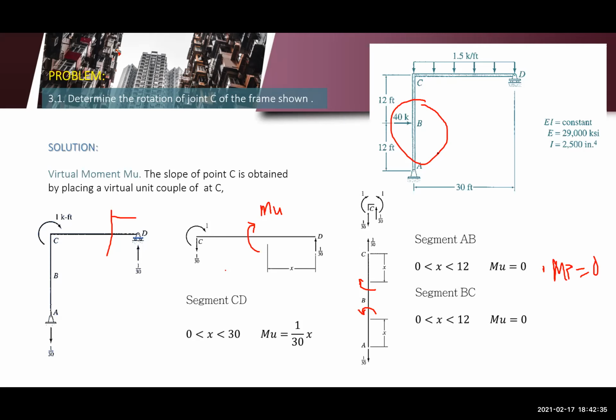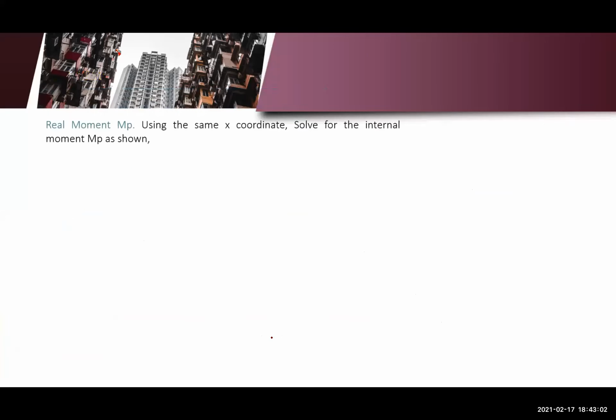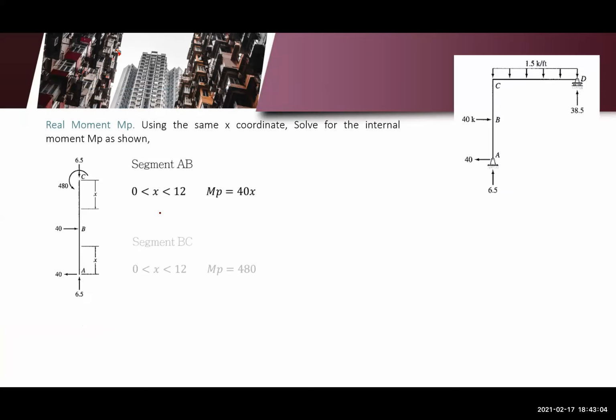Kapag nagsosolve kayo ng problems, in case, for example, yung MU nyo o yung MP is 0, wag nyo nang i-compute yung counterpart nila para mas madali and mas mabilis. So, I suggest wag nyo na itong i-compute kasi pag i-multiply nyo naman, mag-0 na lang naman yan.